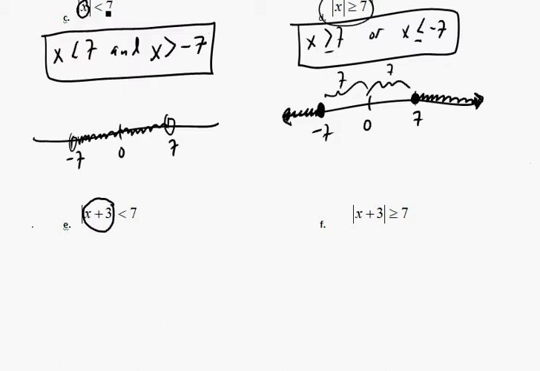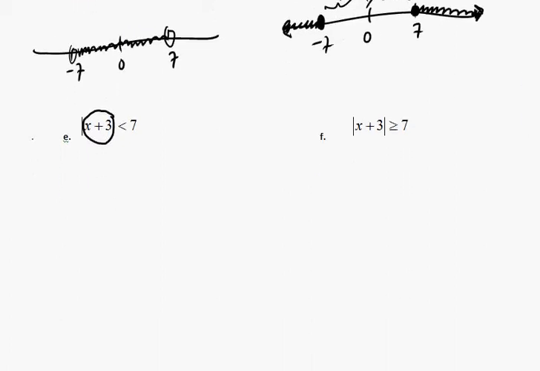This number x had to be less than 7 and greater than negative 7, which means in E, x plus 3 has to be less than 7 and x plus 3 has to be greater than negative 7.